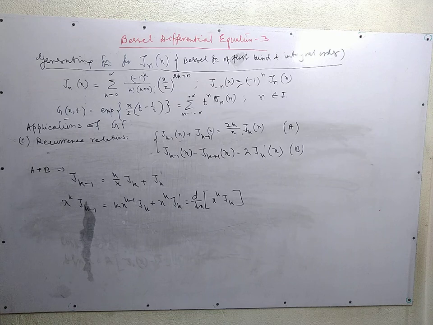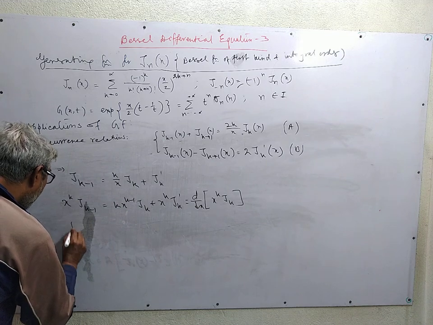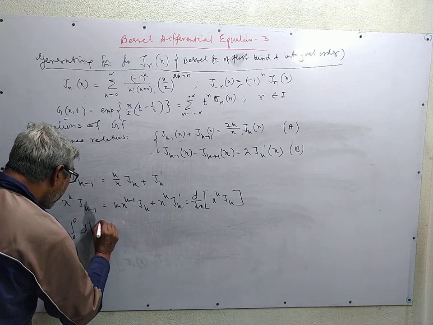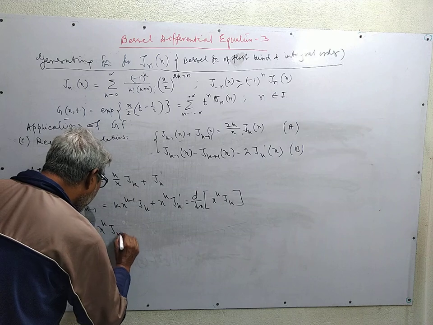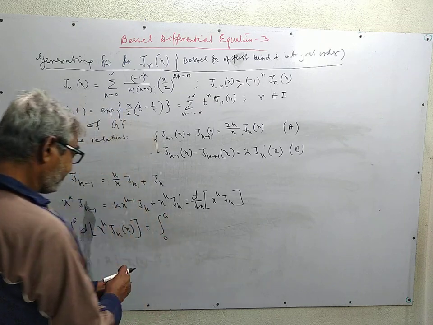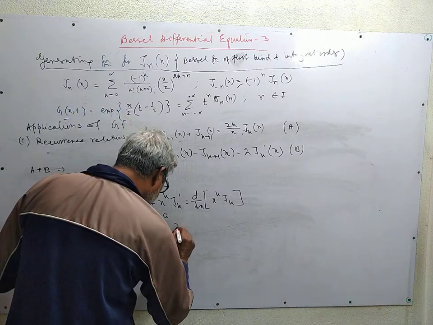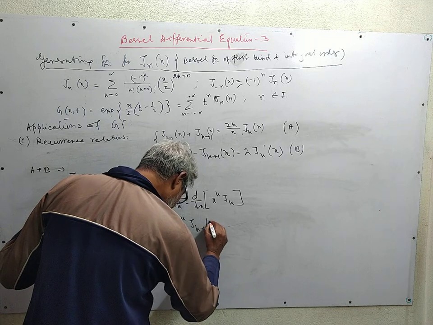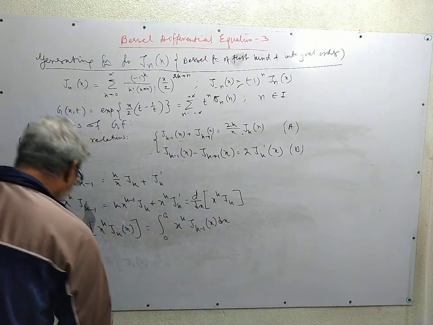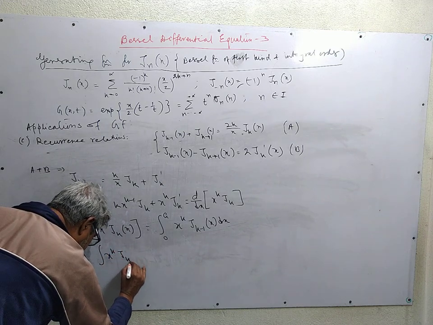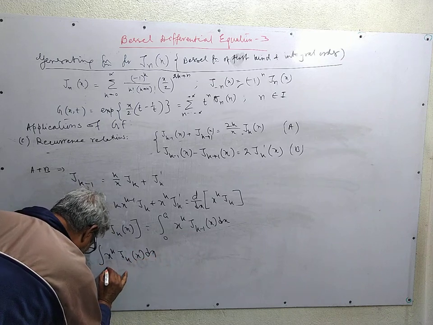If we integrate this between the limits 0 to a, we get the integral of x^k J_{k-1}(x) dx from 0 to a.